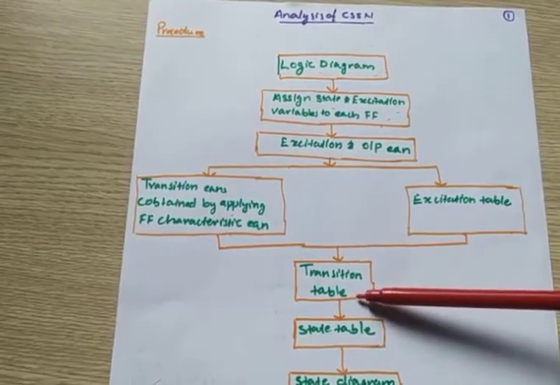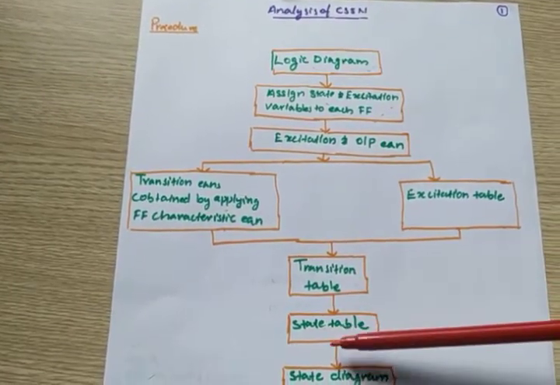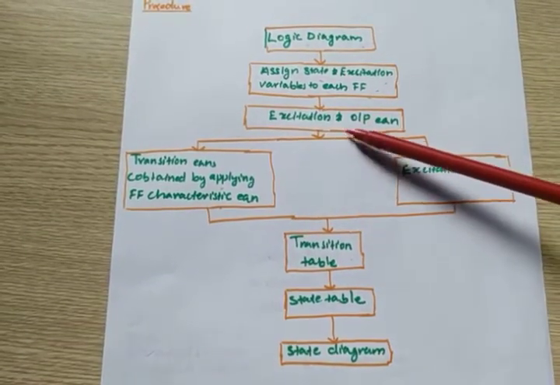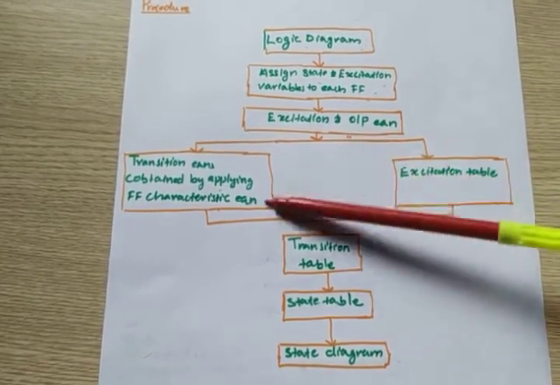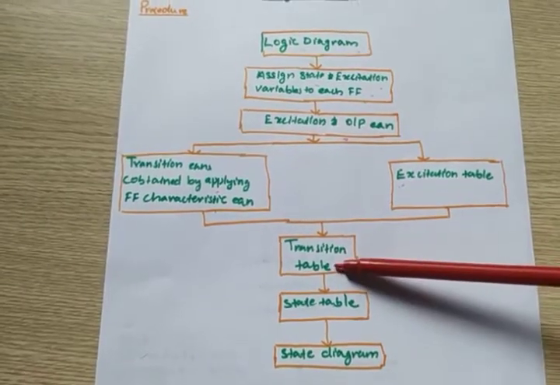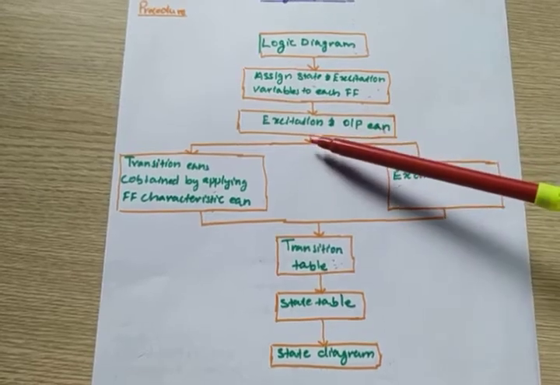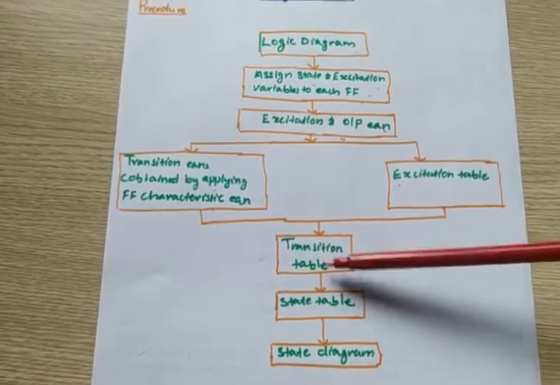Our aim is to go to the transition table, and from the transition table to the state table and state diagram. So you have the excitation and output equation. You have two ways to reach this transition table.